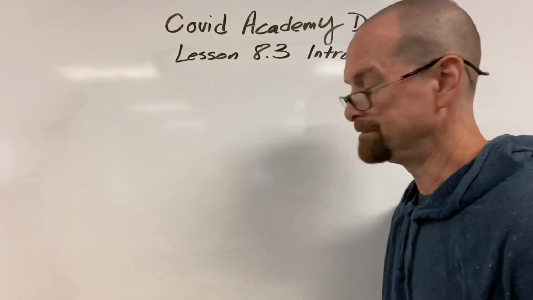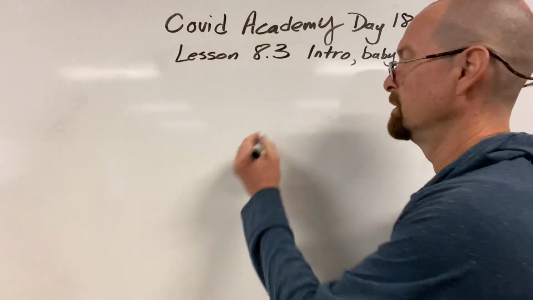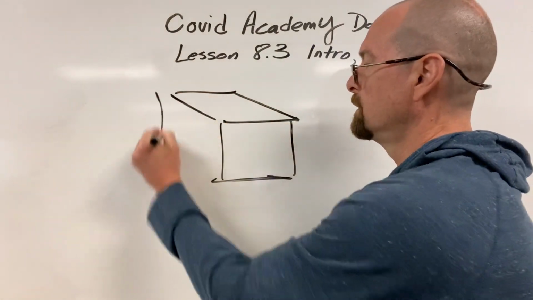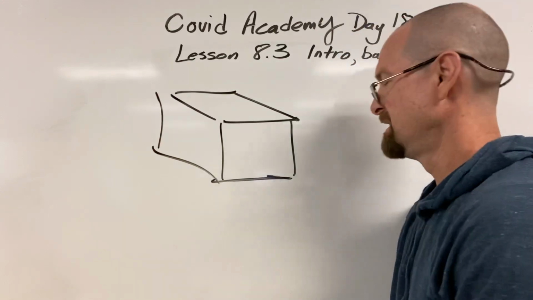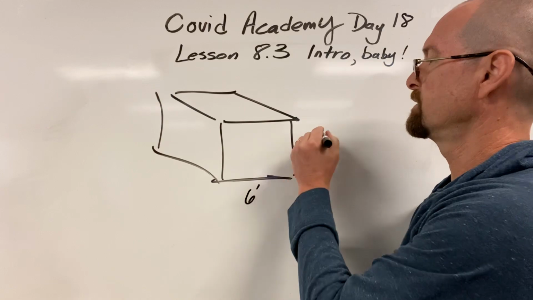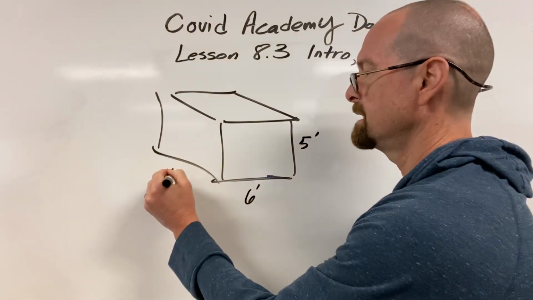Here's what you need for today. You need to remember that to do the volume of something, let's say this is 6 inches, and that's 5 inches, and it goes way back 10 inches.